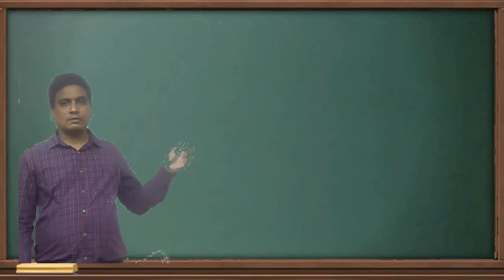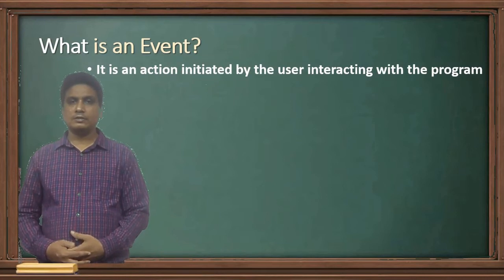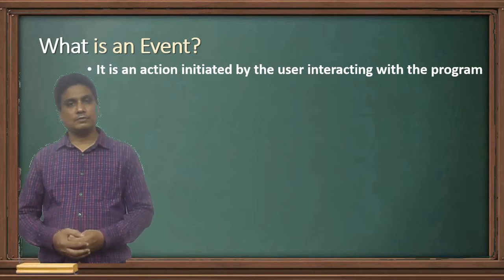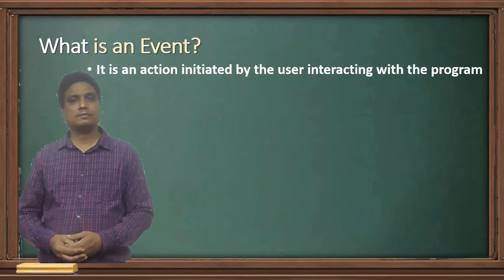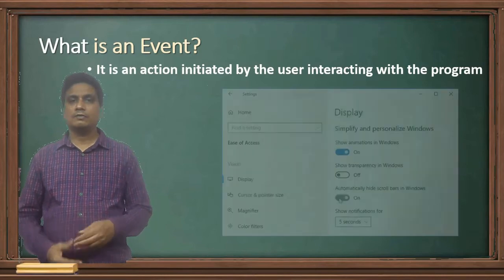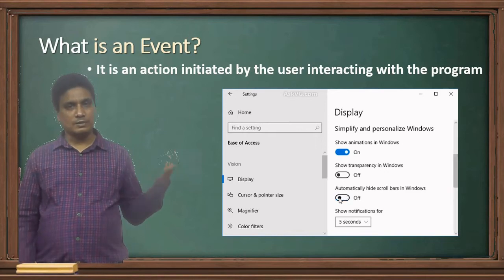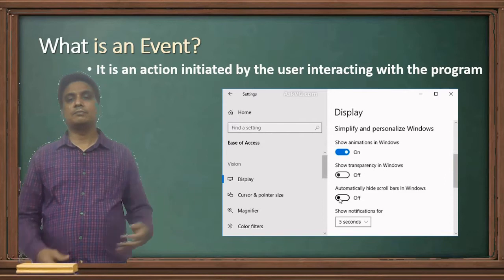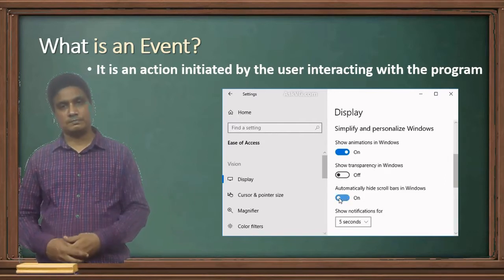An event is an action which is initiated by the user while interacting with your program. We know that in Java we can build GUI applications, and when we build a GUI application, the user can interact with many of the components which are part of our application.